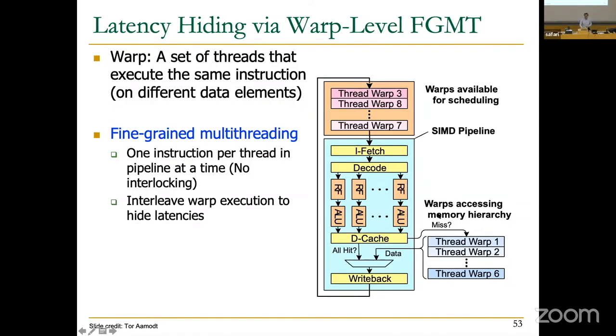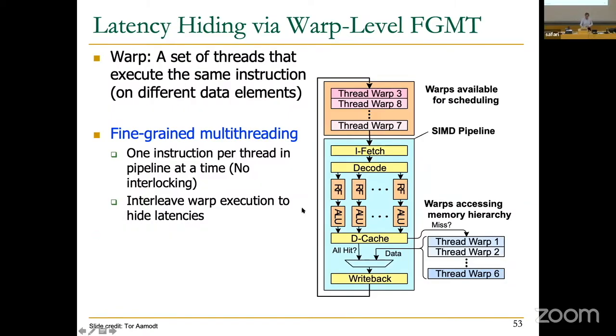You have another buffer over here where the warp waits, essentially. So here you have warps available for scheduling, and here you have warps that are waiting for data to come back from memory. And the rest is the pipeline that we have seen earlier. So what we do is we interleave warp execution cycle by cycle. Every cycle we fetch from a different warp, such that we have only one instance of the warp present in the pipeline at a given point in time.